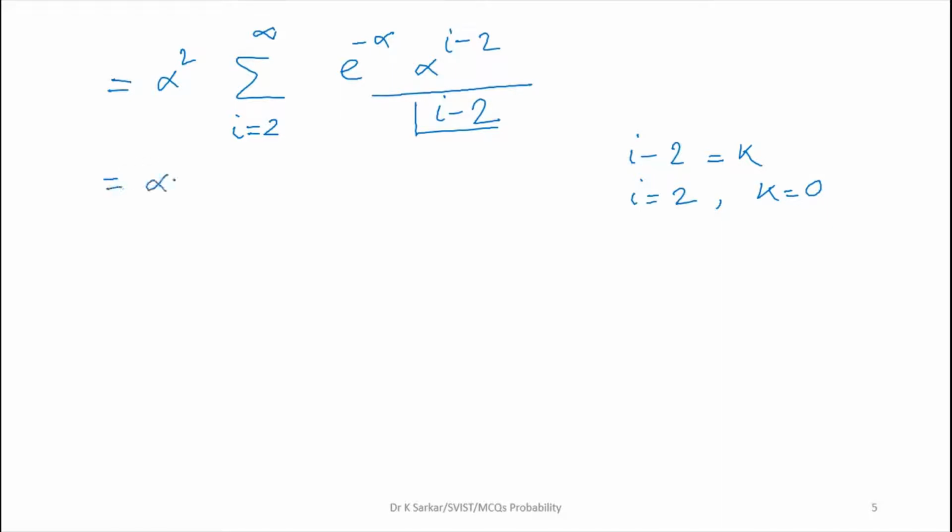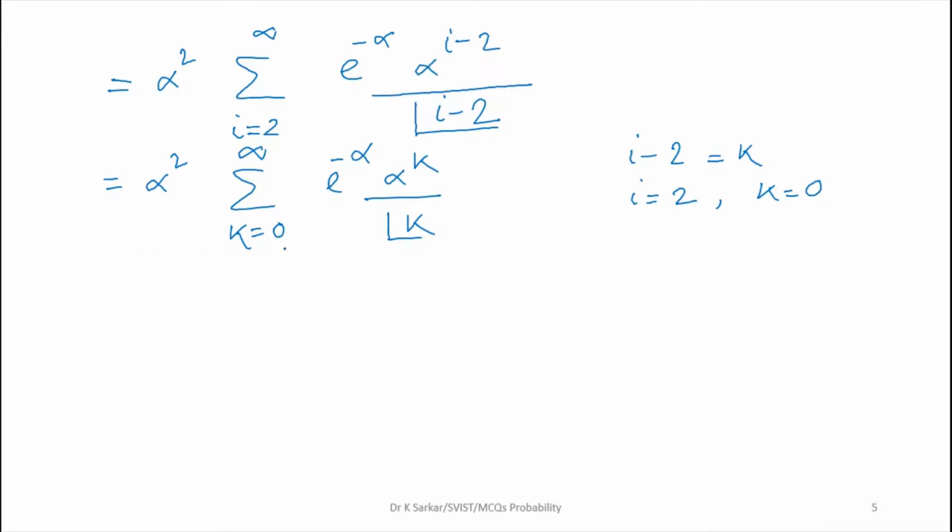Therefore, it becomes alpha square sum from k equals 0 to infinity e power minus alpha, alpha power k by factorial k. So this is the PMF or probability mass function for the Poisson variate.